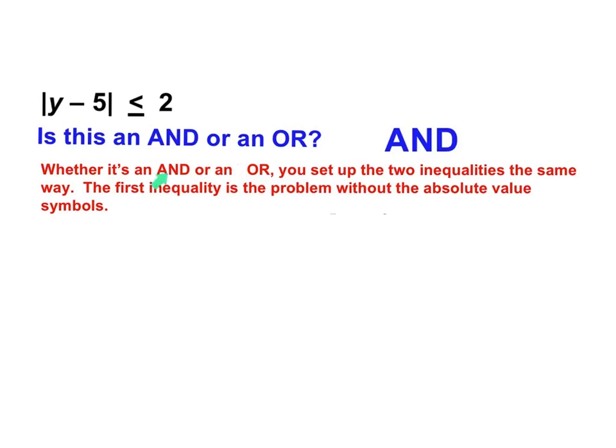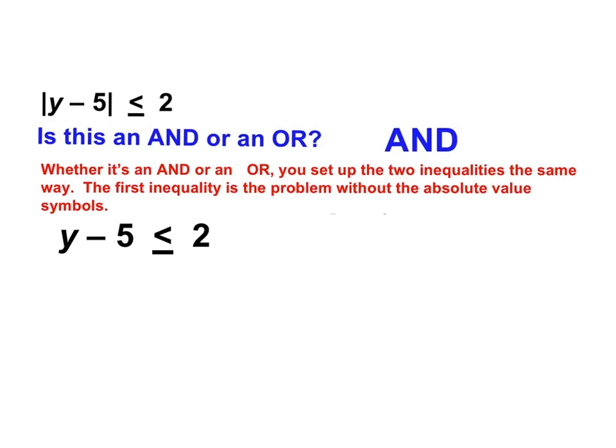Whether it's an and or an or, it doesn't matter. You set up the two inequalities the exact same way. The first one that you're going to do is basically drop the absolute value, and everything else is the same. So here's the first one. It looks just like this. There it is: y minus 5 less than or equal to 2. Just dropped the absolute values. And then you're going to solve that.